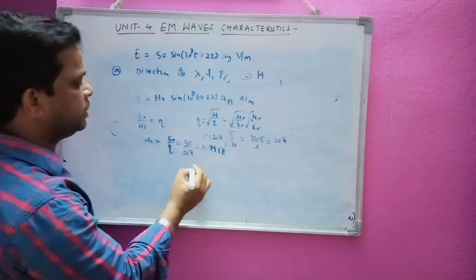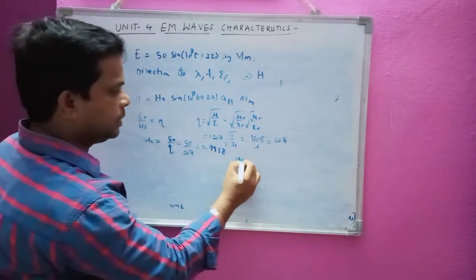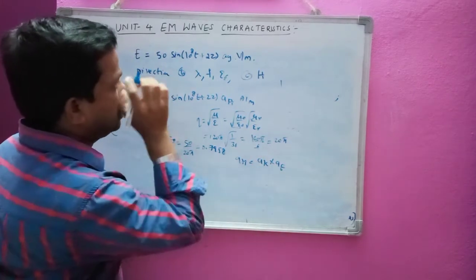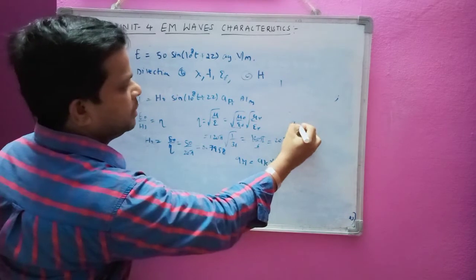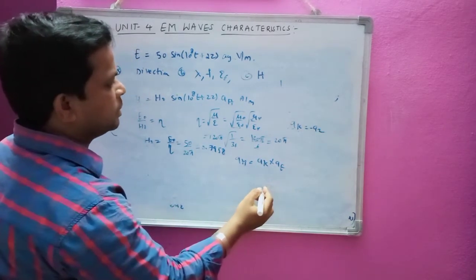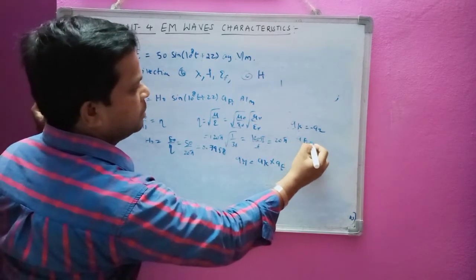Now I have to find the direction here. Direction of aH is equal to aK cross aE. aK here is given as minus aZ direction, because it is propagating in the negative z direction, and aE is given as aY.